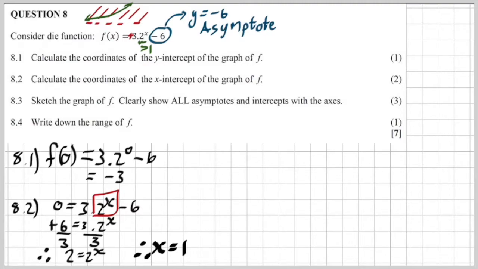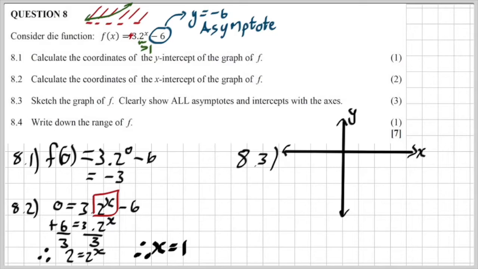When we look now at question 8.3, which is sketch the graph of f, first of all, I need my x and my y axes. Then I'm going to put in my asymptote, y equal to -6.